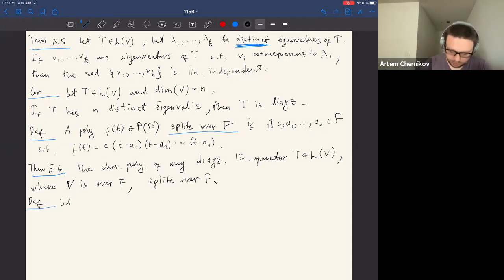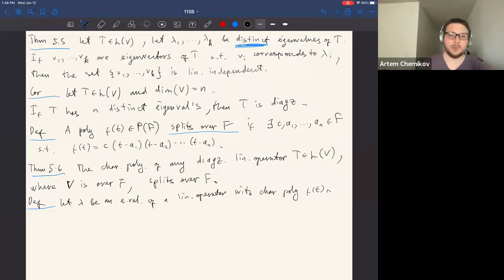Assume that lambda is an eigenvalue of a linear operator with characteristic polynomial f of t. Then we define the algebraic multiplicity, sometimes people stress it, sometimes not.